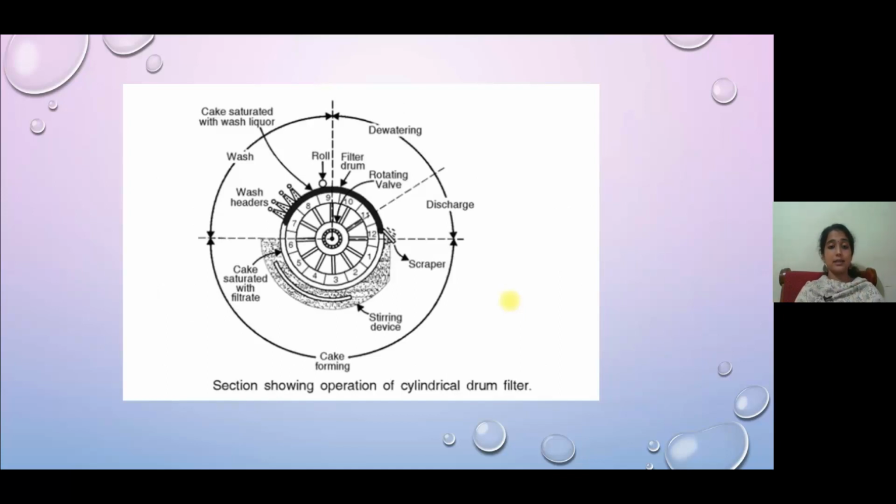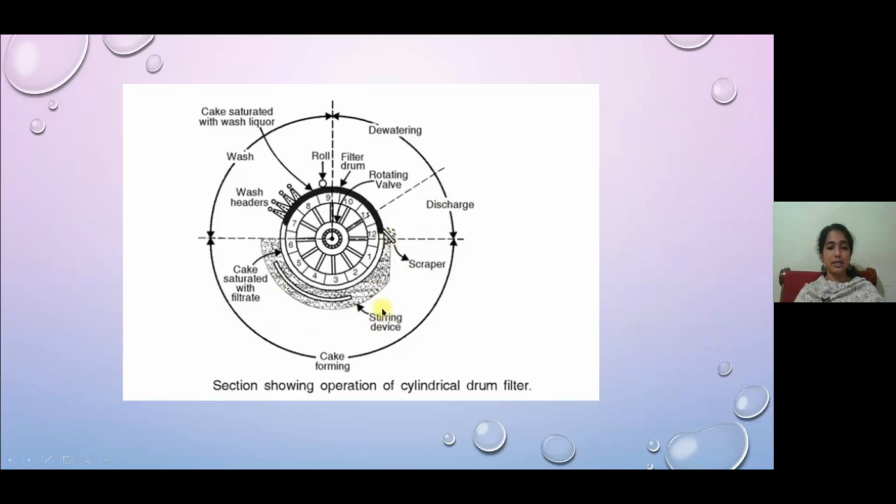You can see the operation of a cylindrical drum filter. Here you can see three zones. The first zone is the wash zone. The second zone is the dewatering zone, and in the dewatering zone itself, you can see the discharge zone also. Then the main zone is the cake forming zone.